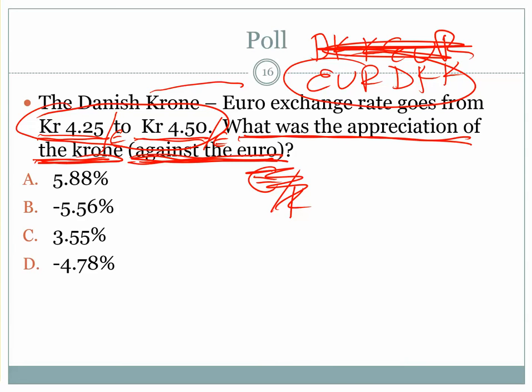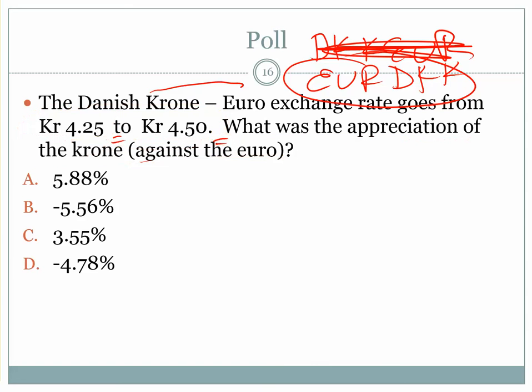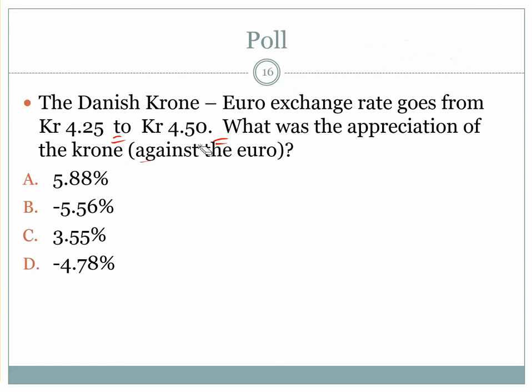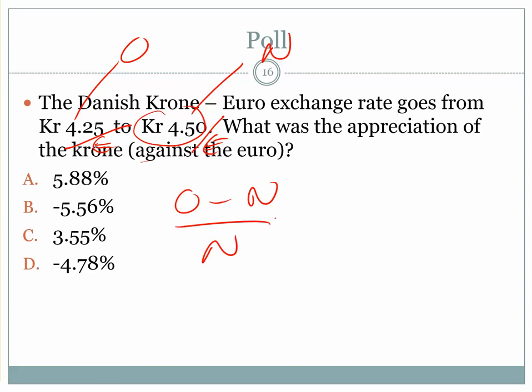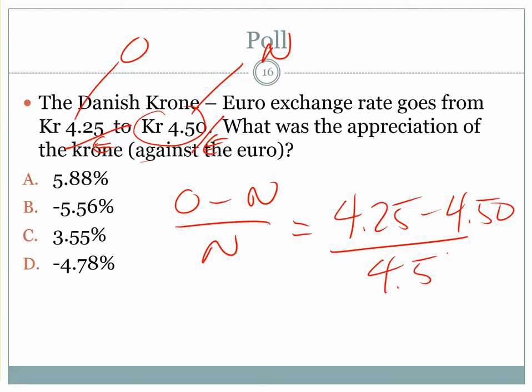So on this problem, since we are given crown per euro, old, new, and we're asked to calculate the appreciation of the crown, I'm going to use old minus new over new. And I get negative 5.56%.